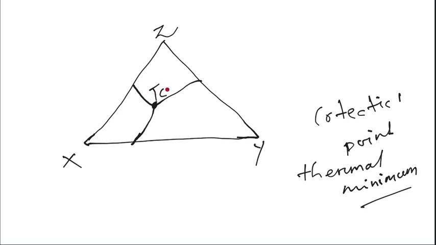This is called the ternary eutectic or TE. This is E1, E2, E3. Everyone understood?